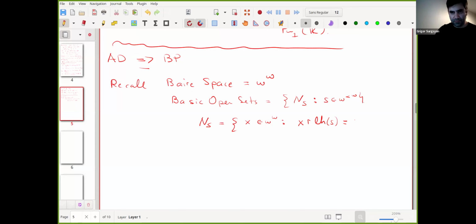Or we sometimes write that as S is an initial segment of X. Okay, these are the basic open sets.